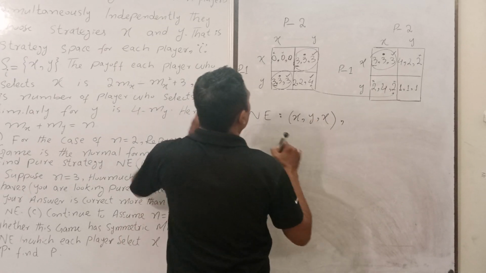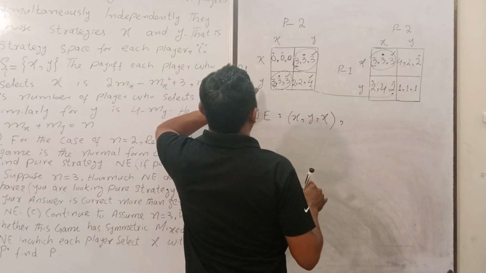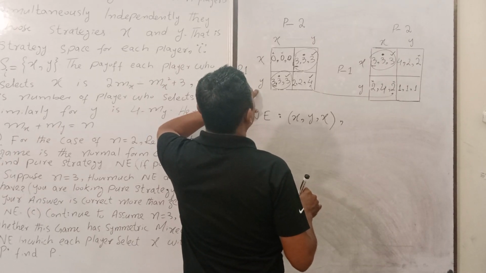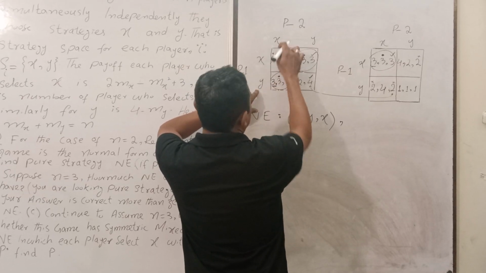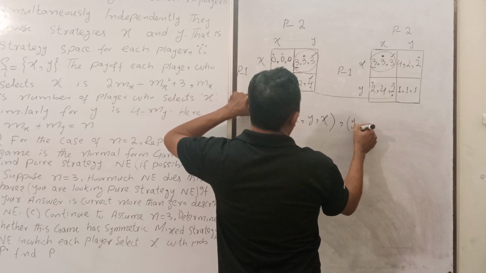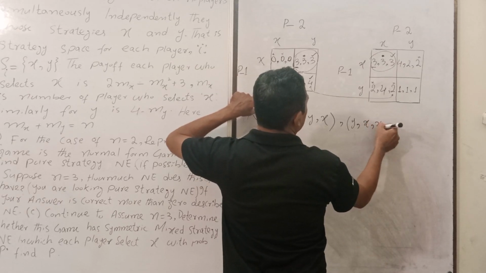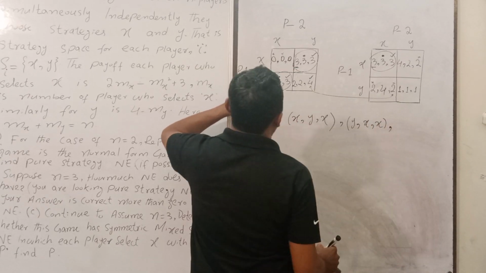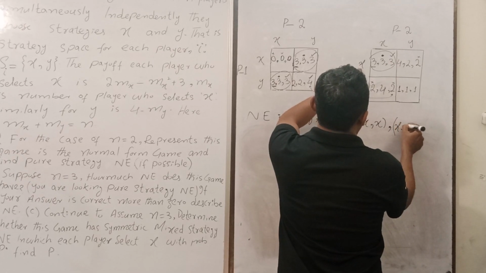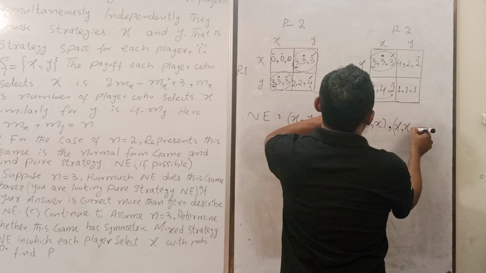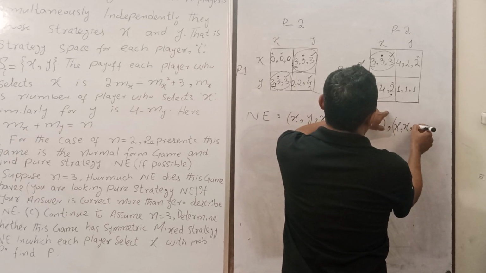Okay. Similarly, what about this one? Y, X, X. Now the last one here: yes, X, X, and what about this strategy of player 3?